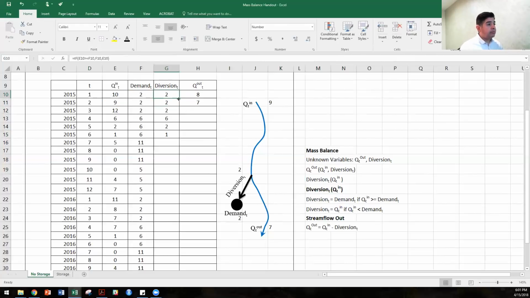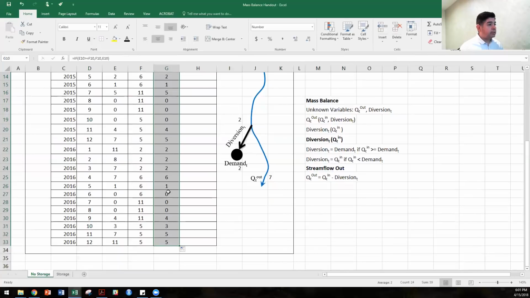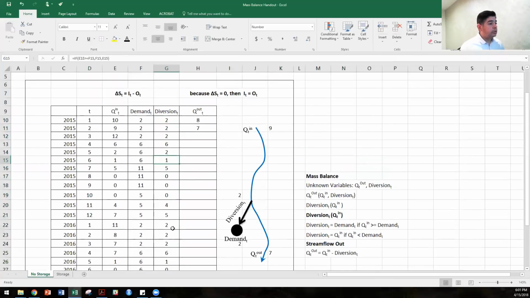You can write this type of equation and you can see that it's actually doing what we were doing manually. Actually, we can fill the entire column. The same here: in this one, we can just write that equation, Q out will be equal to this Q in minus the diversion.